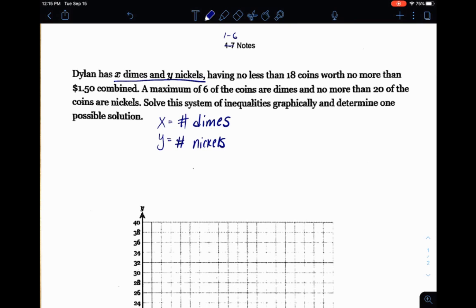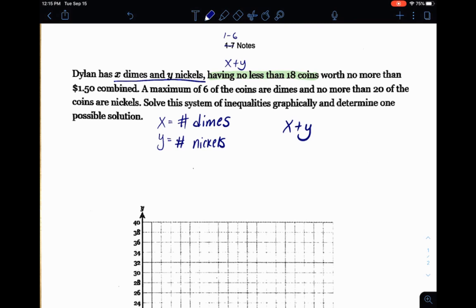So I want X plus Y. When I add my coins together, I want no less than 18.